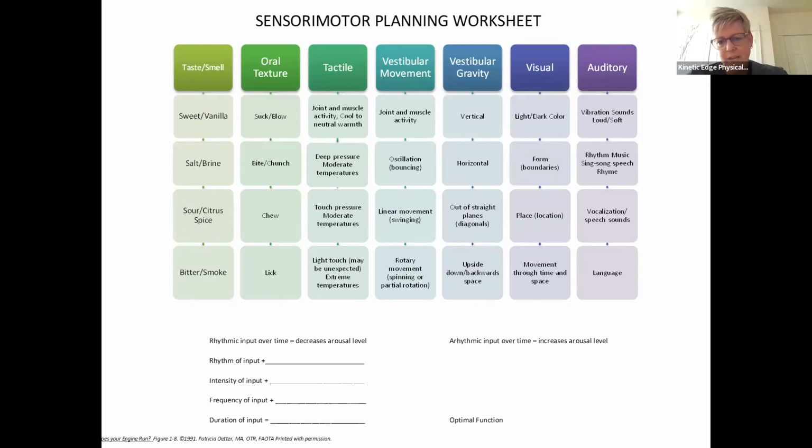So again, we're going to go into more specific strategies in the next slides, but I want you to keep this chart in mind as you look at those, because I think it's just really helpful for the foundation of what we're trying to do. Because obviously the other elephant in the room that I haven't mentioned is the fact that if you're a classroom teacher, you've got kids with all sorts of different sensory preferences. And so how do you manage that, right?